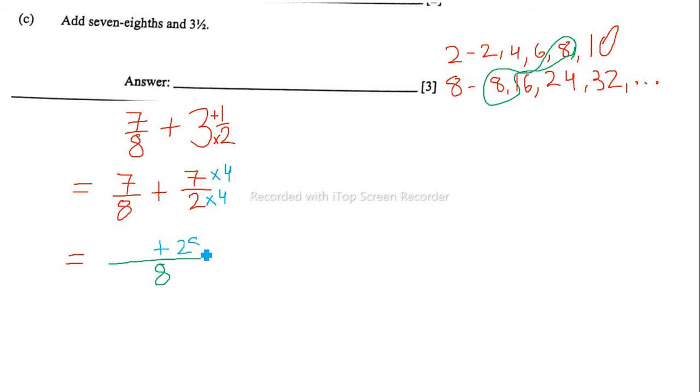Good. So what times 8 gives us 8? 1. Very good. And whatever you do to the bottom, we do to the top. So we must do times 1. So 1 times 7 is 7.